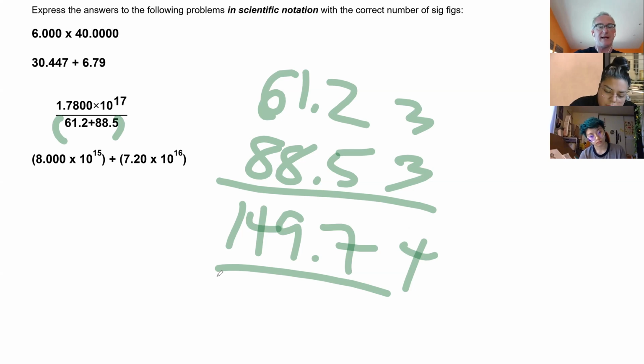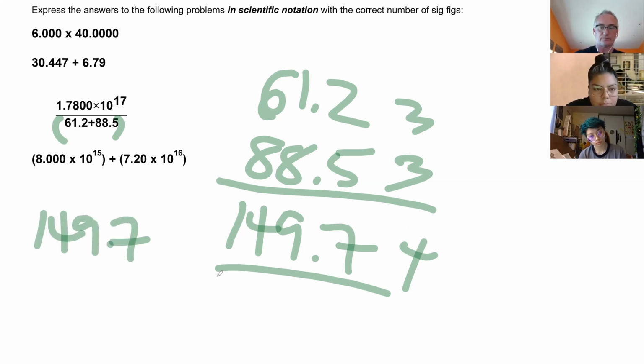So basically we're taking 1.7800 times 10 to the 17 and we're dividing it by 149.7. So what would our answer be?